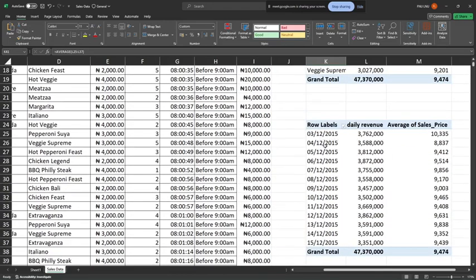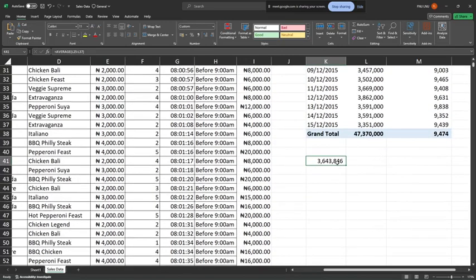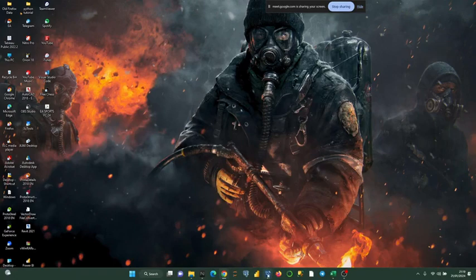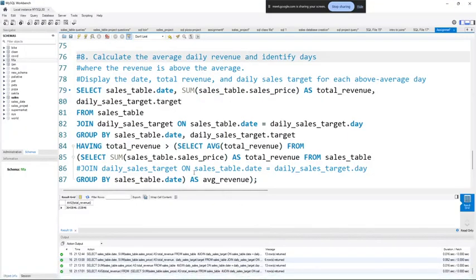Third is there. This one cannot be there because we have 3.6. So third is there, fifth is there, sixth is there. Do you understand? Seventh is there, eighth is not there because this is 3.5. So we are looking for those days where the revenue we calculated is above the average daily revenue. That's our question. Do you understand now? Where it is above that average.